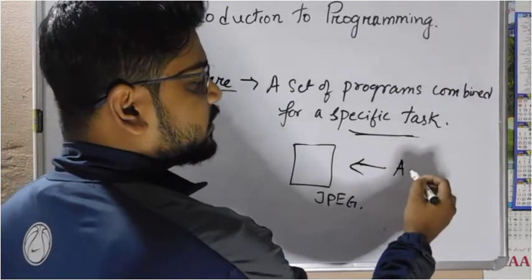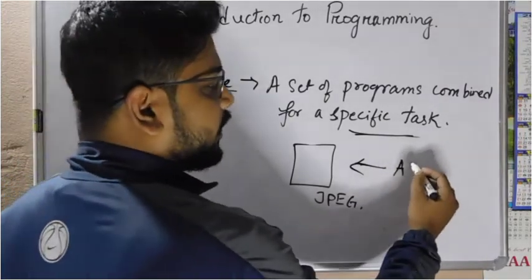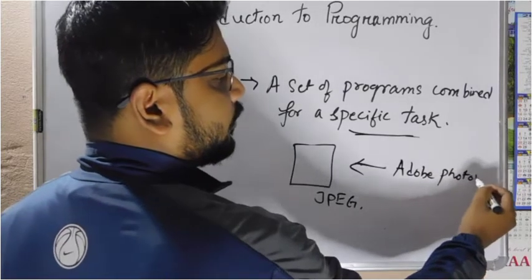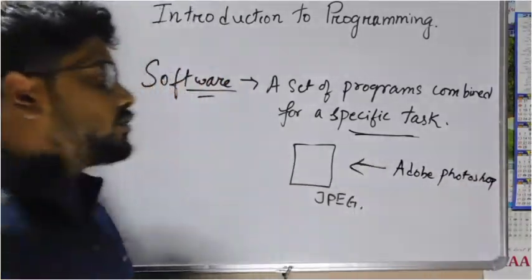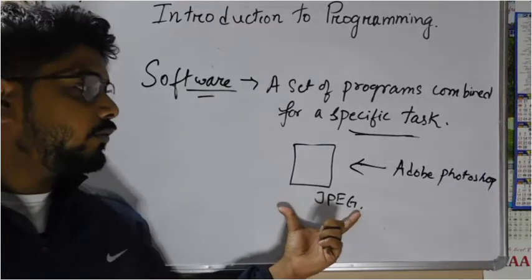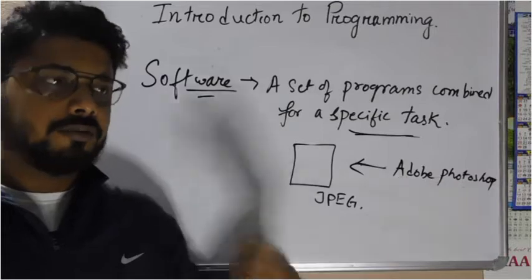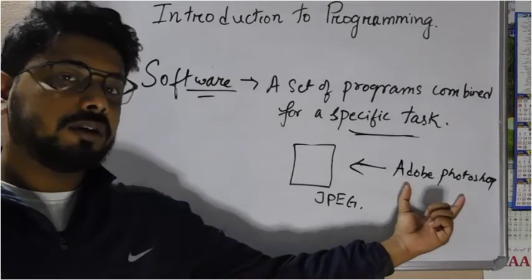Let us, for example, say any photo editing software, for example, Adobe Photoshop. For editing any picture, we use, for example, Adobe Photoshop. We have various other softwares, but primarily we will talk about this.